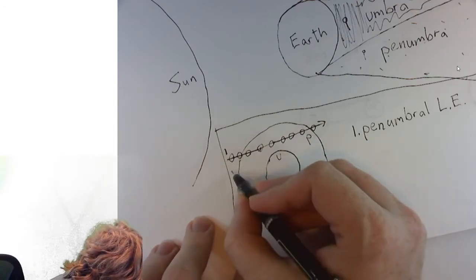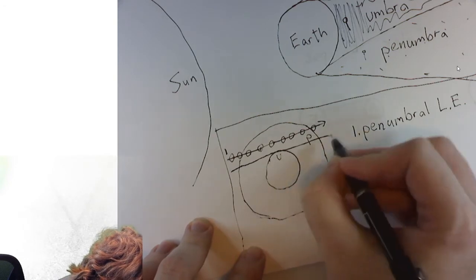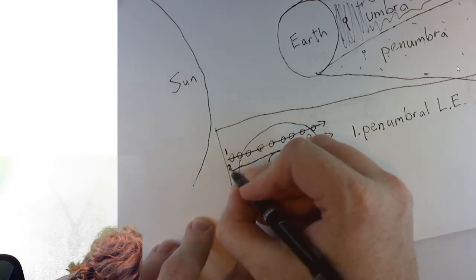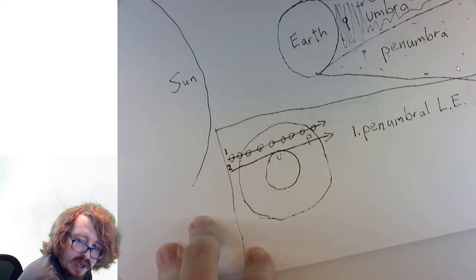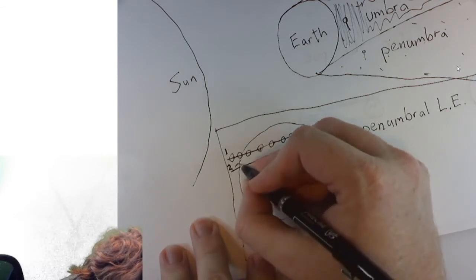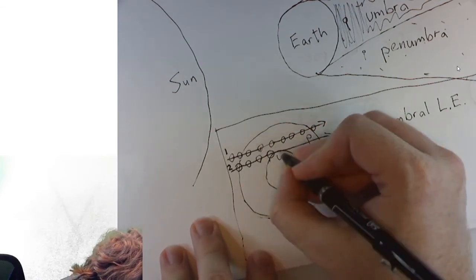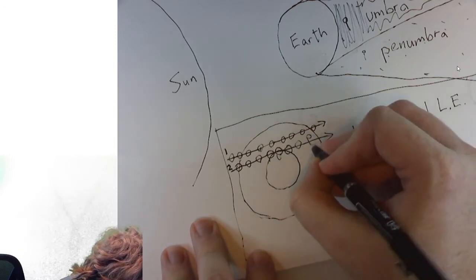Now, path number 2. Let's say that the moon just barely touches the umbra. So path number 2, it just barely touches the umbra. And because it just barely touches the umbra, only part of the moon goes in, not the whole thing.